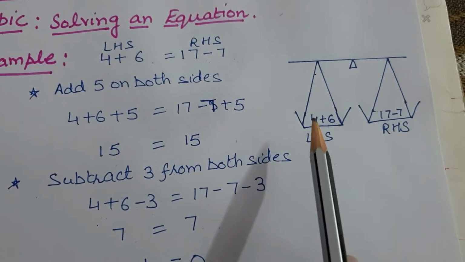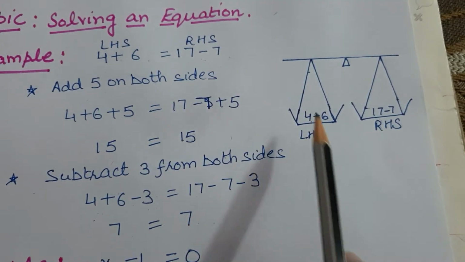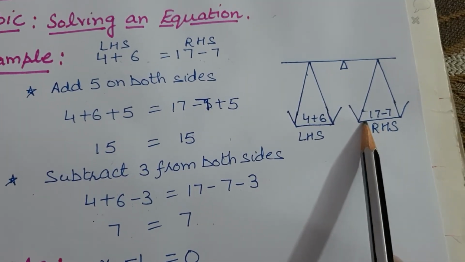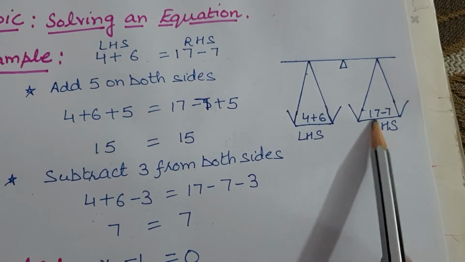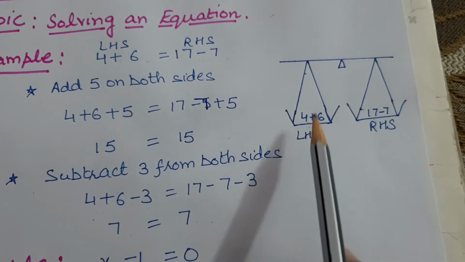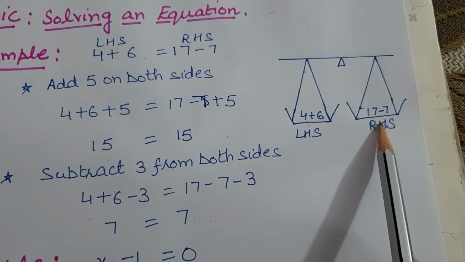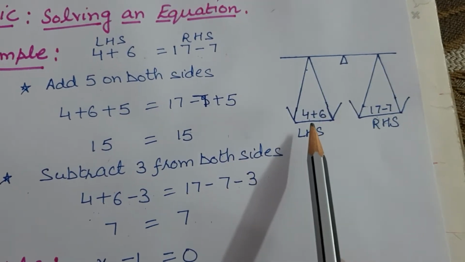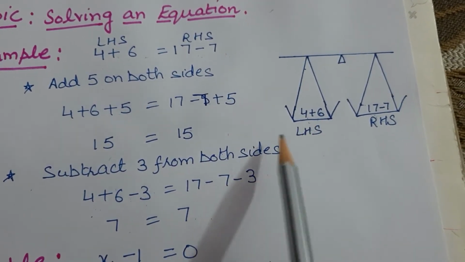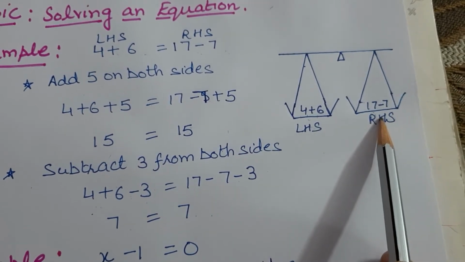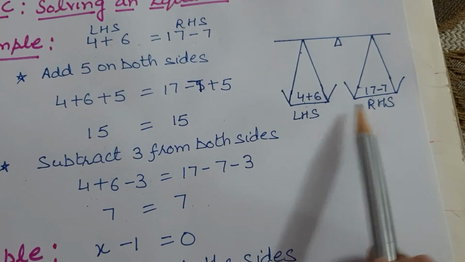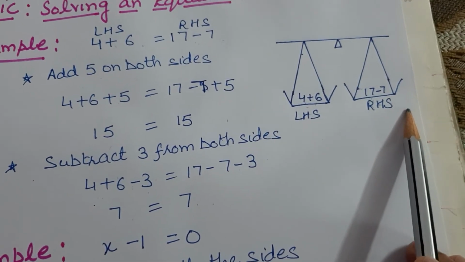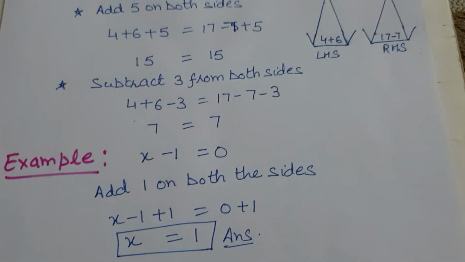Similarly, both these sides are like two sides of a balance. If we add 5 to this side, we have to add 5 to this side also. If we are subtracting something from this side, the same amount we are supposed to subtract from this side to make them balanced.